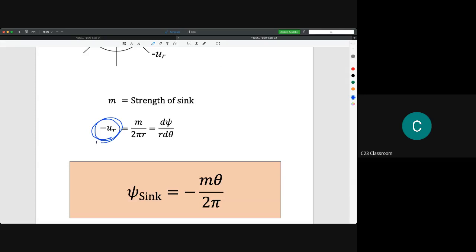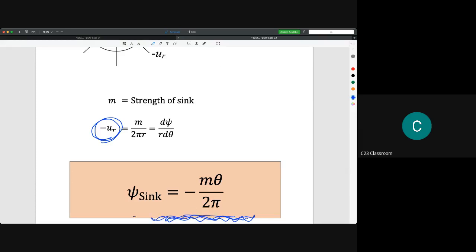So if the velocity is towards the center point, the velocity is negative. So you just duplicate the calculation on the previous notes on source. So you will find that psi for sink is negative m theta over 2 pi.